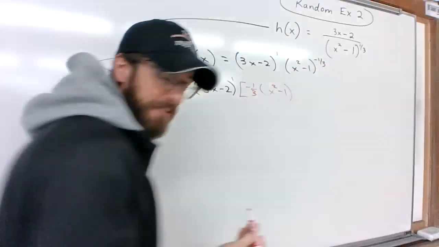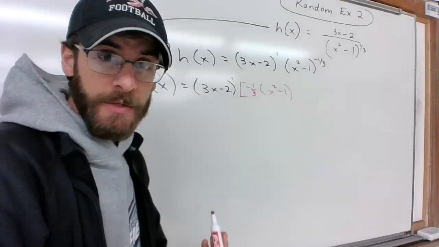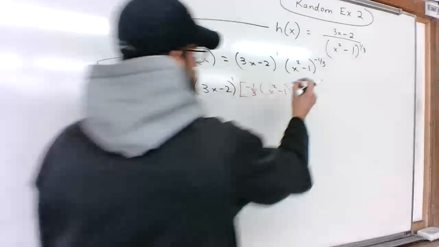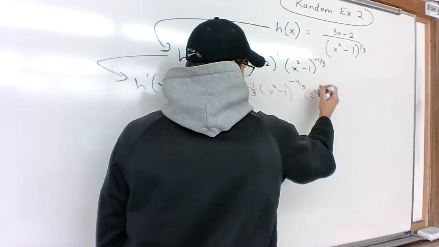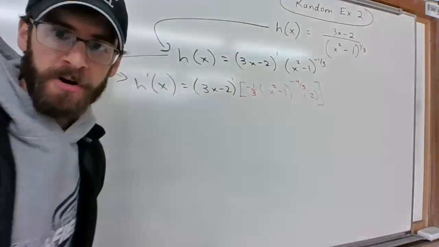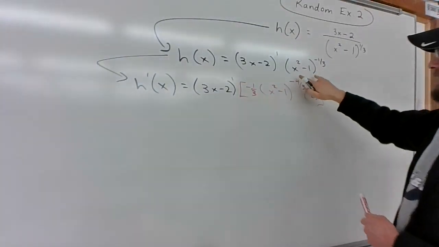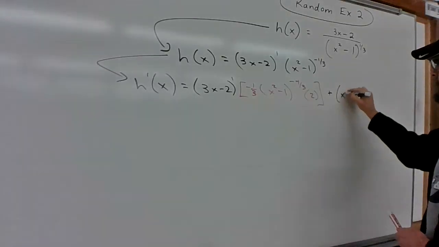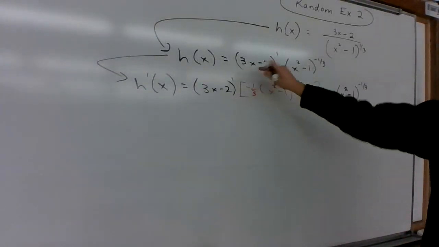Take 1 away from negative 1/3. So it's negative 1 and 1/3. It's negative 4/3. Times 2x. And we've got our first part of product rule complete. Add that to the second, rewritten, times the derivative of the first, which is just 3.